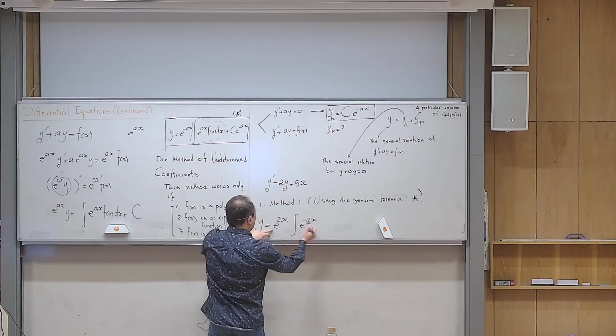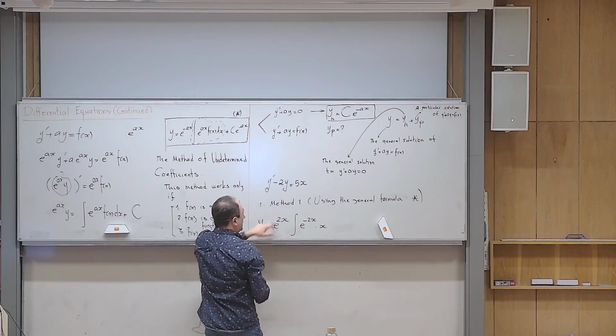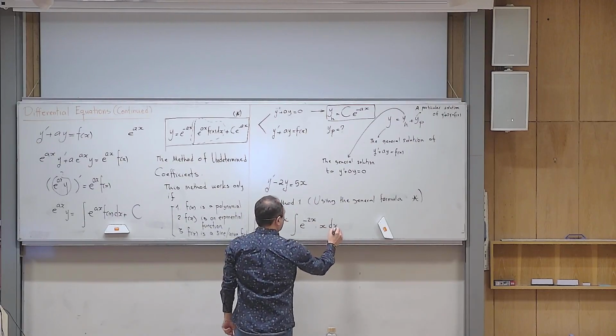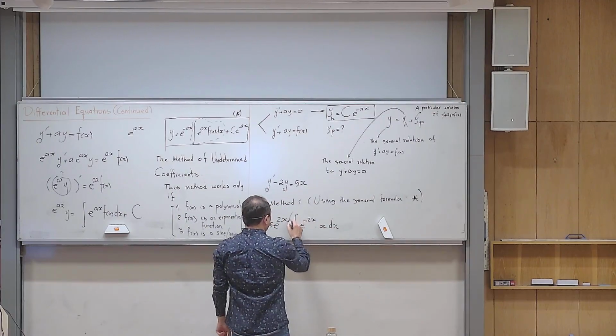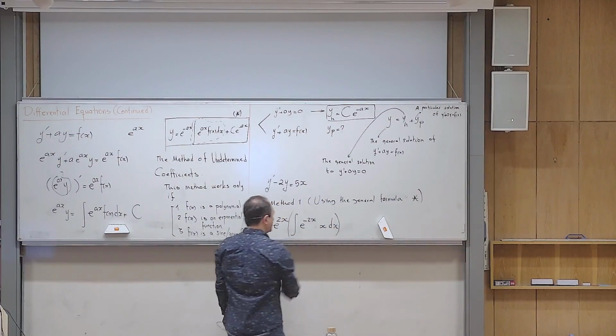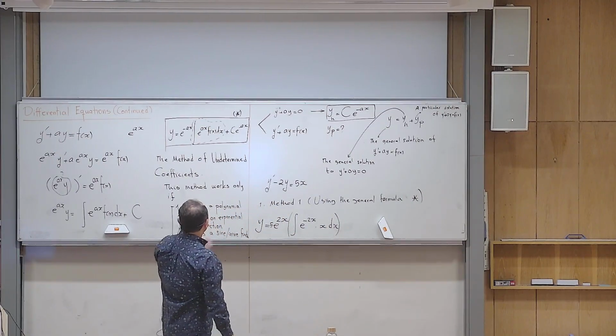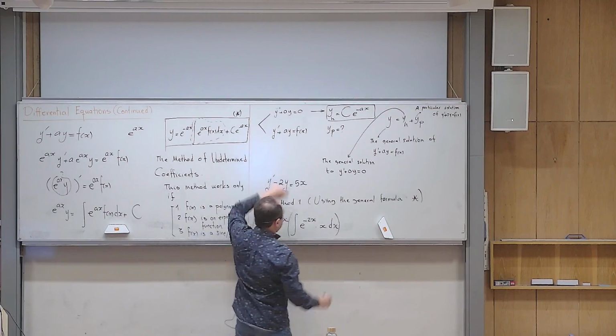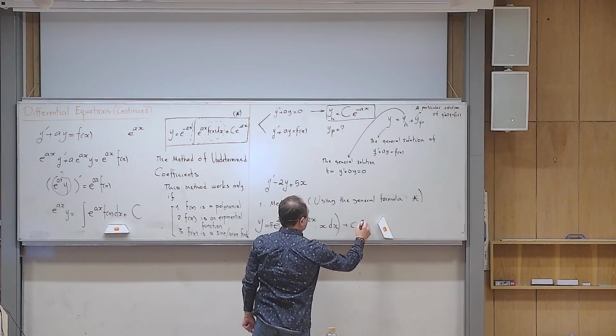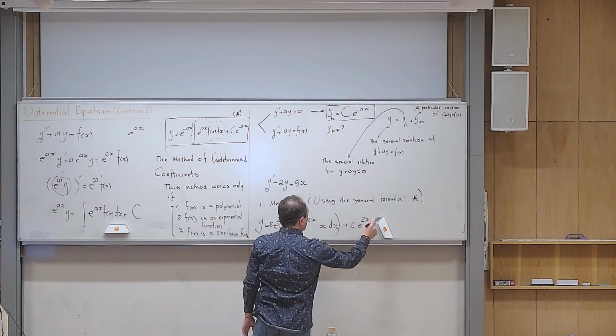So I can put 5 out, but I have to write x inside, and then I have dx. We don't need to put brackets, but let me emphasize that this is one expression. And then I have c times e to the power of minus ax, which is 2x.